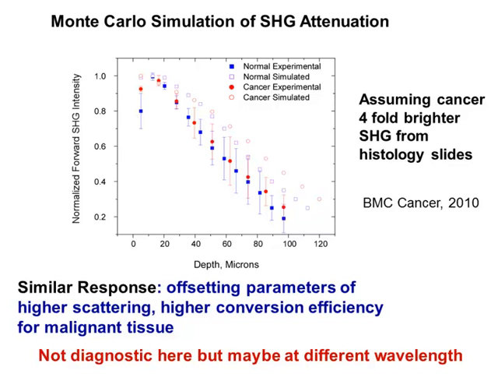And so what happens here, we just got really unlucky. We had absolutely offsetting parameters. What we did here is assume relative Chi2 or SHG conversion between these tissues, and from thin slices, that was about a factor of 4.